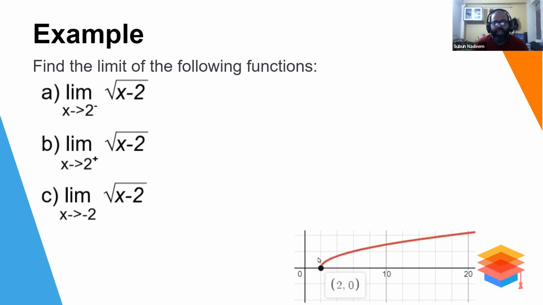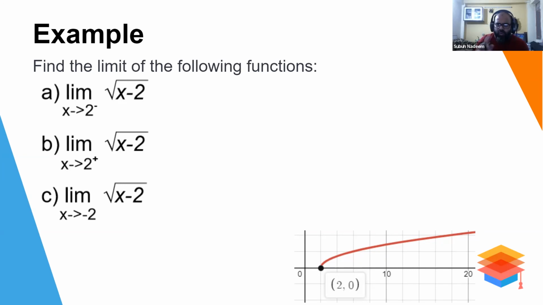If you take x as left of 2, very close to 2, can you take x as 1.99, suppose? So what is 1.99 minus 2? It is minus 0.01. It will be negative.